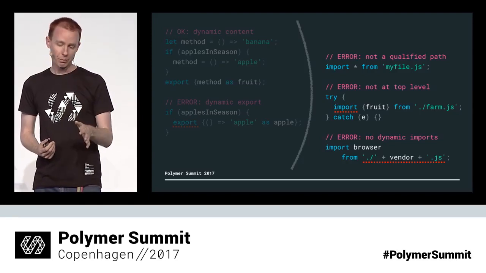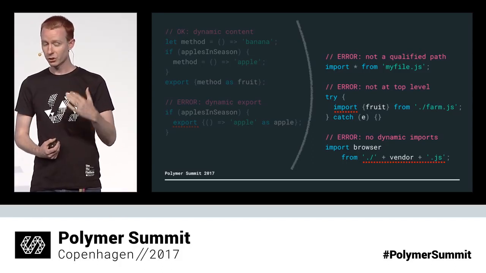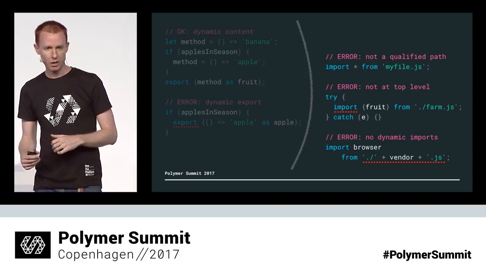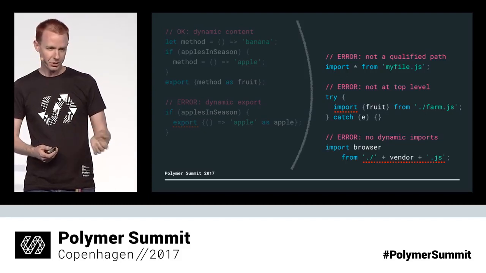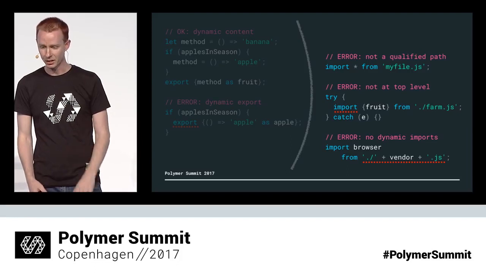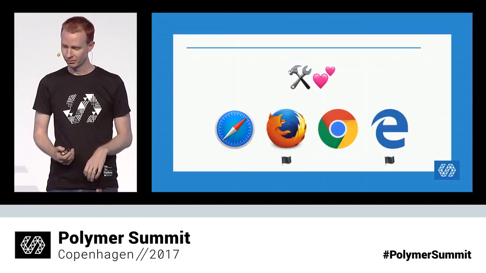And at the very bottom, you see that you can't import a dynamically generated script either. So think of these restrictions as, what can a very dumb static parser pass without running any code? And this matches traditional languages like Java or Python or C or C++. And it comes from that small specification that I mentioned before.